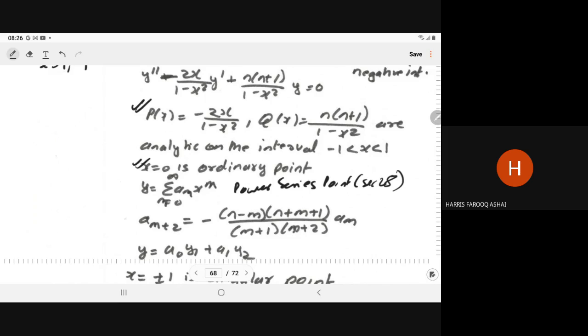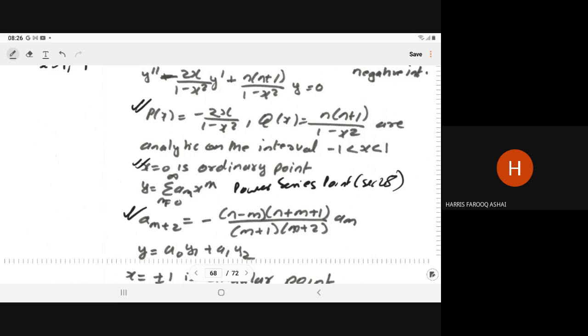There we have the recurrence relation, a_(m+2) equal to minus (n minus m)(n plus m plus 1) upon (m plus 1)(m plus 2) times a_m. Here we have the recurrence relation of a_(m+2) in terms of a_m.